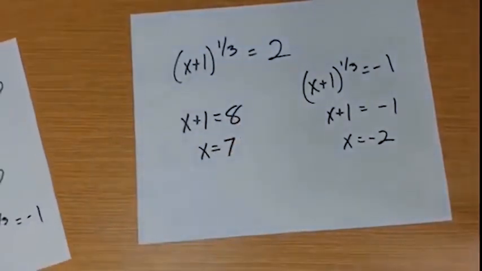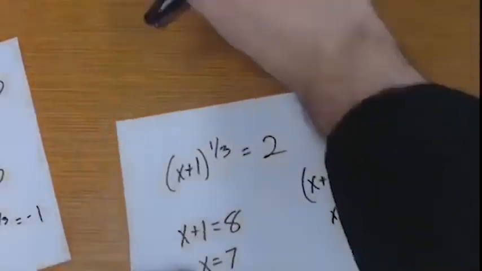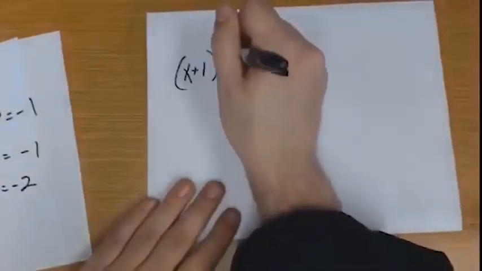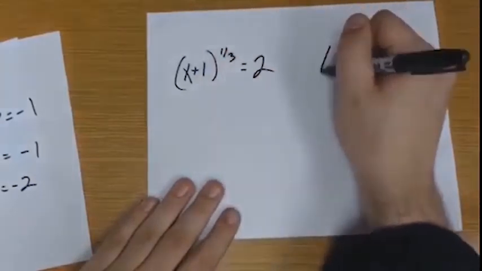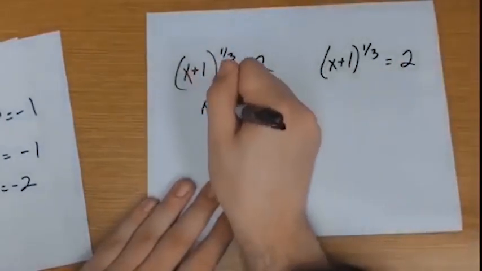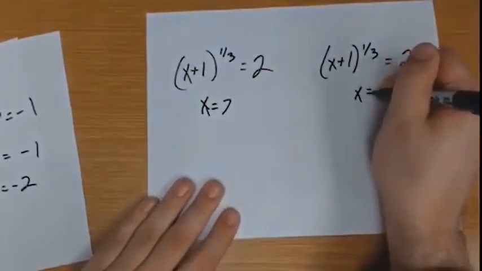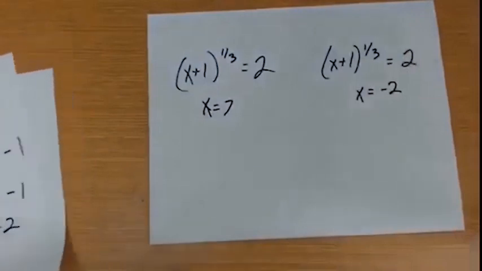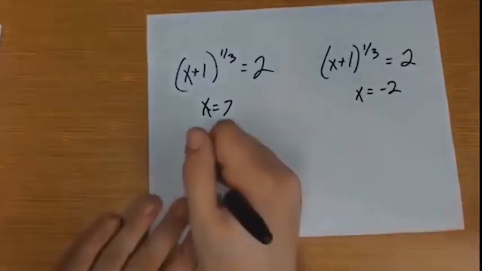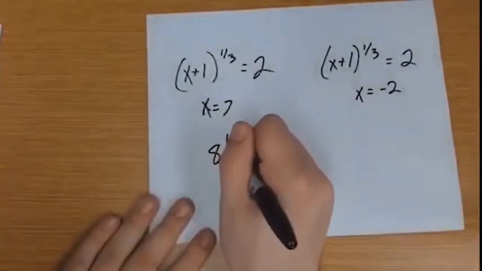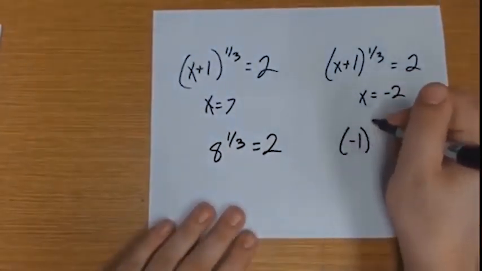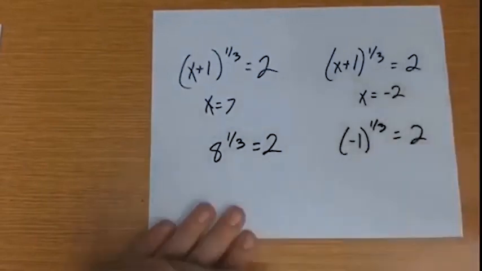Can we just be done there? Nope, we have to check them. So we're going to check x plus 1 to the 1/3 equals 2. We're going to check it twice. We're going to check it with x equals 7. We're going to check it with x equals negative 2. So 7 plus 1, 8 to the 1/3 equals 2. Negative 2 plus 1, negative 1 to the 1/3 equals 2.